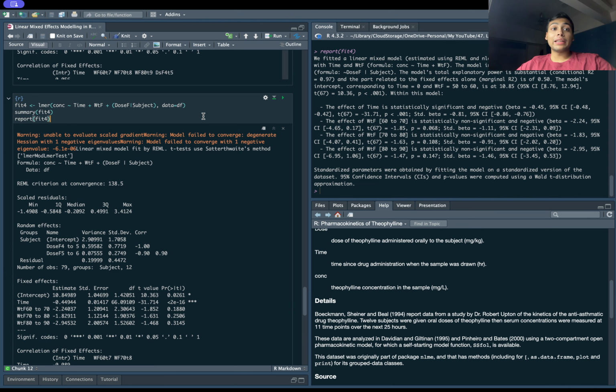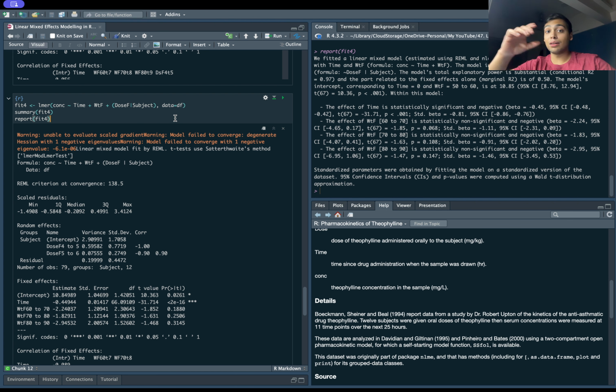I might have reason to think that each subject processes different doses differently, might be different liver physiology, might be different pharmacokinetics, might be different pharmacodynamics. I might have some reason to think, but I will not use this model, and we get a warning here. Basically, this message means just stop. Your model is becoming too complex for your data.